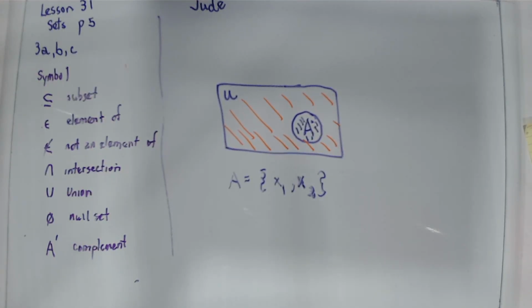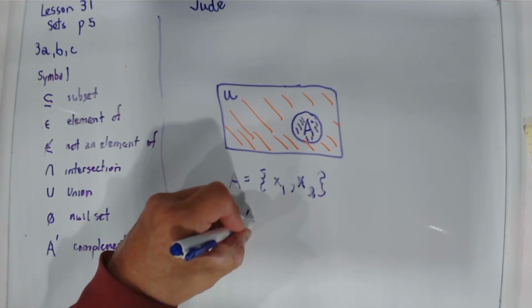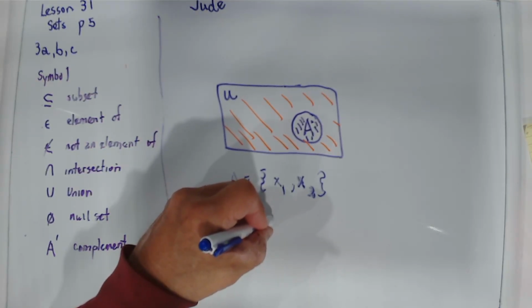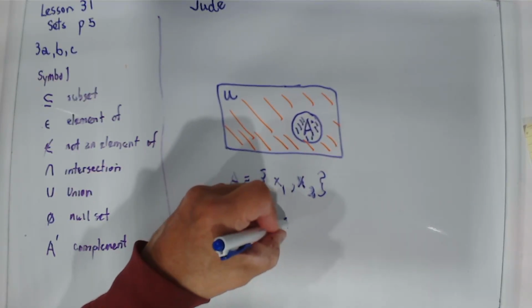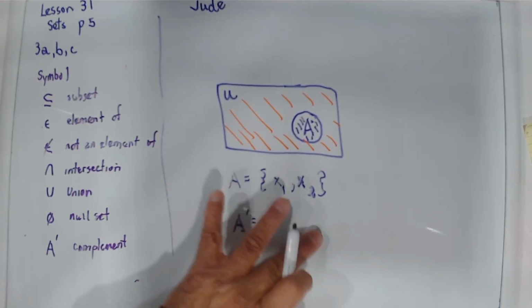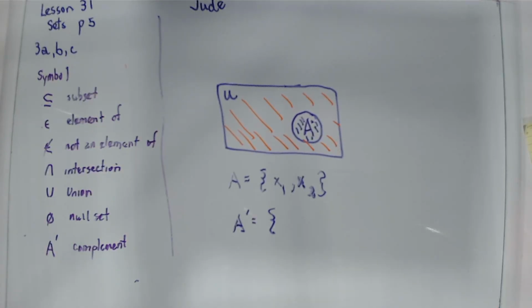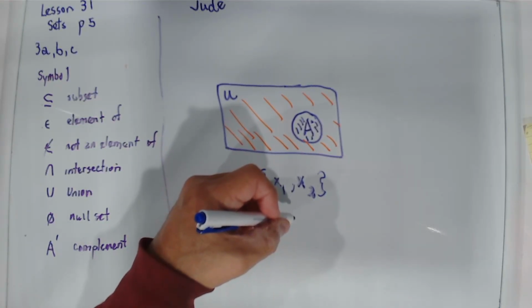But the way that you do that is you say A prime, which is equal to all elements, I'm just going to call them x's, not in A. I guess you would do it something like x, which is just an element ID, right?